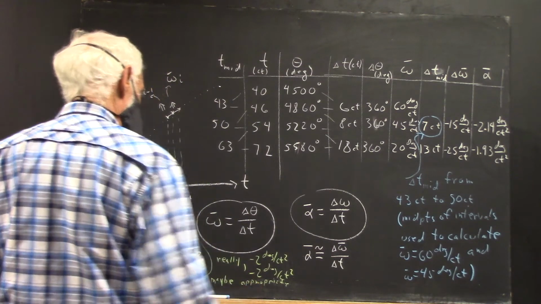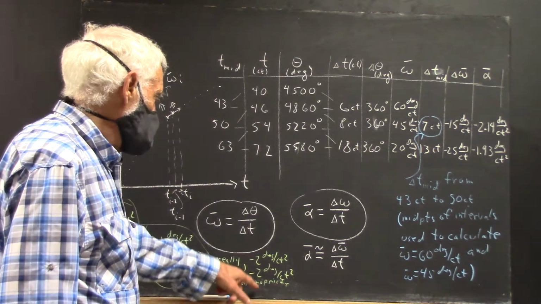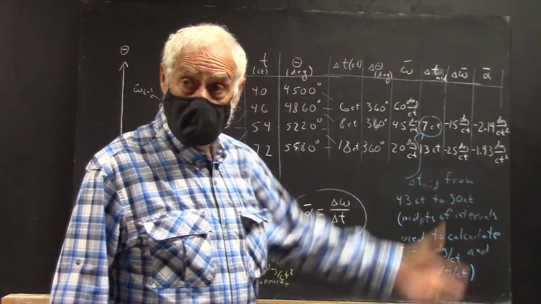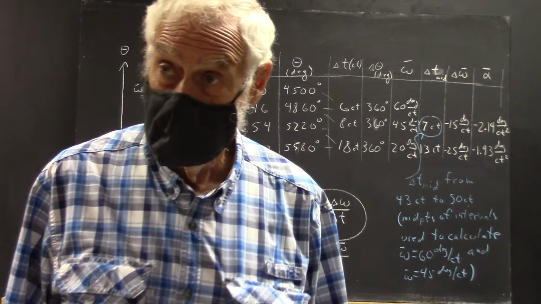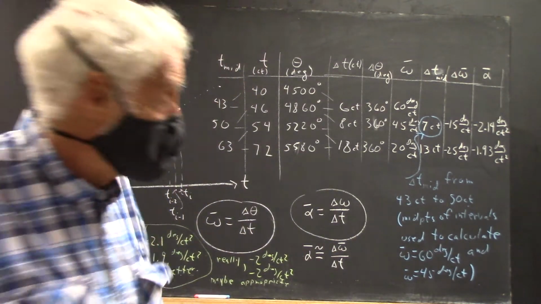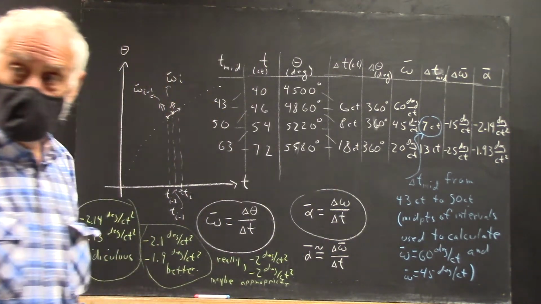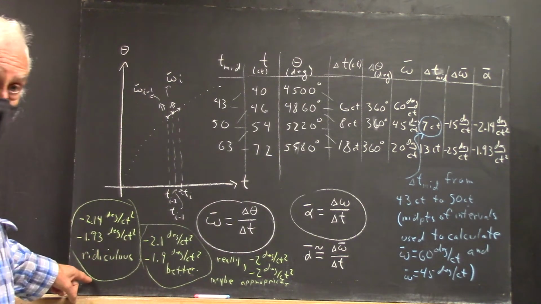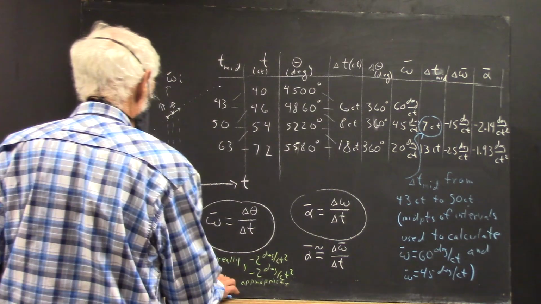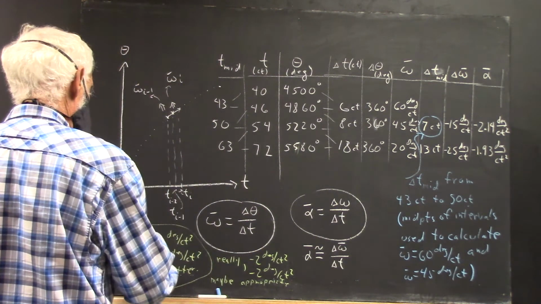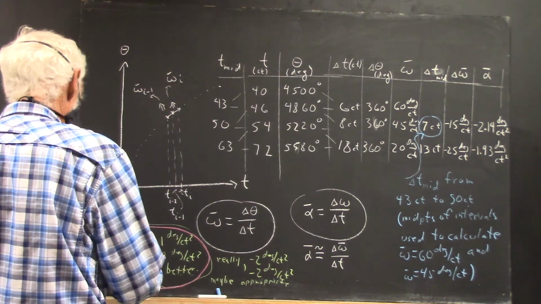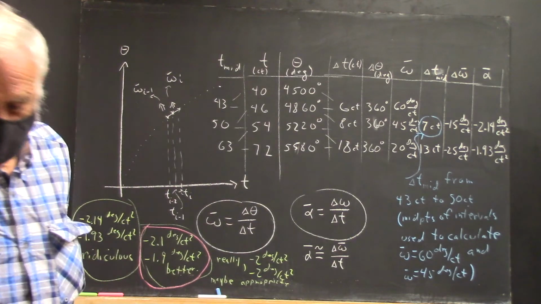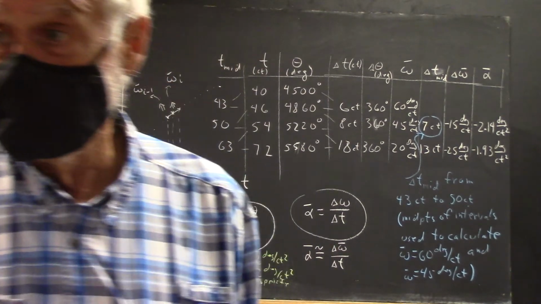I'm just saying, really, negative 2 degrees per count squared for the two quantities here might be appropriate. But just in case, we're going to at least do the negative 2.1 and the negative 1.9. They're a little more precise, but this is ridiculous. So really, we're going to use this. And you'll see more in your homework about accuracy of approximations and so forth.